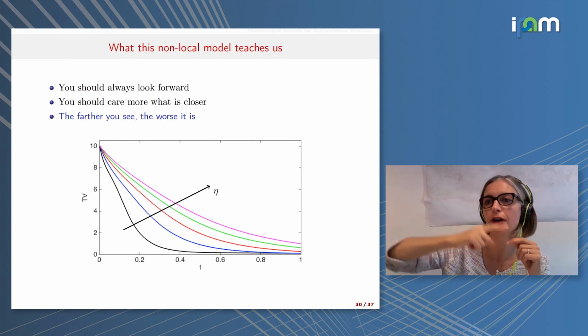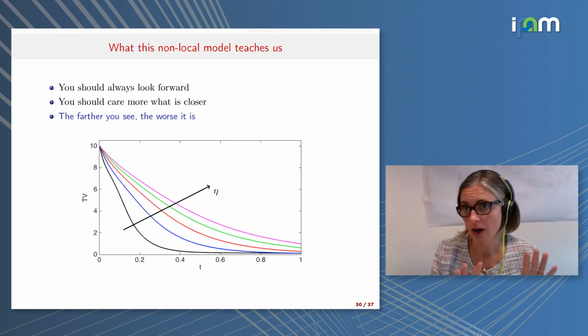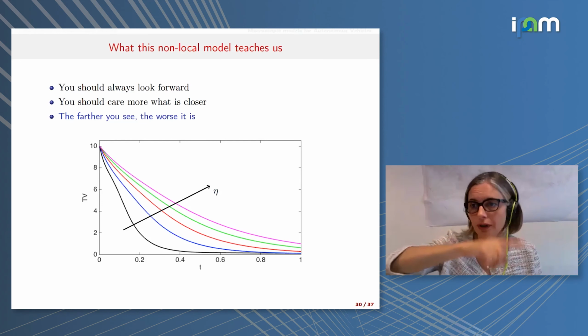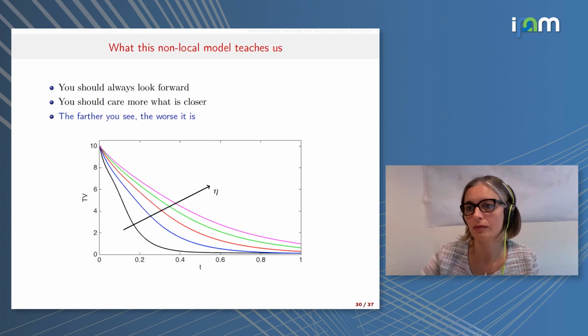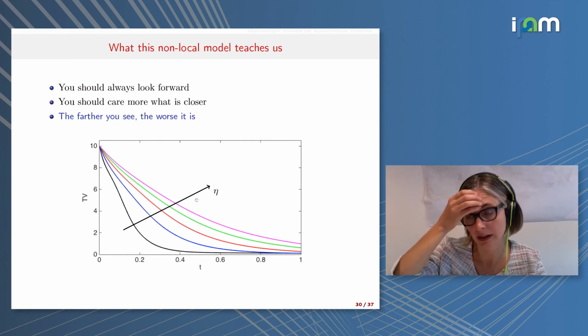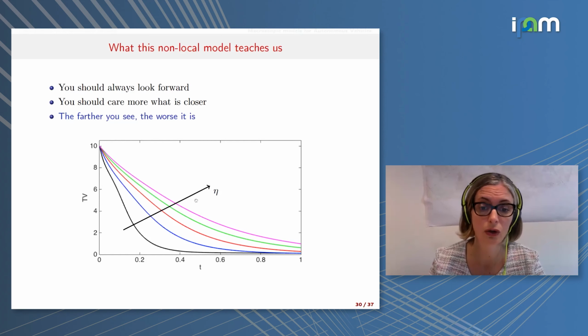So if I look very far and I take into account the dynamics of cars that are very far, with this type of rule, the oscillations in the traffic will slow down less quickly than if I'm looking just close to me. Okay, so this is an observation that must be made on this model.